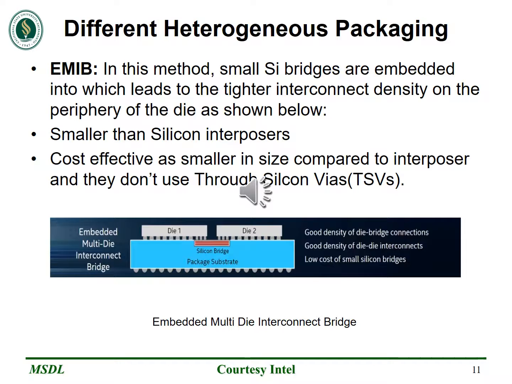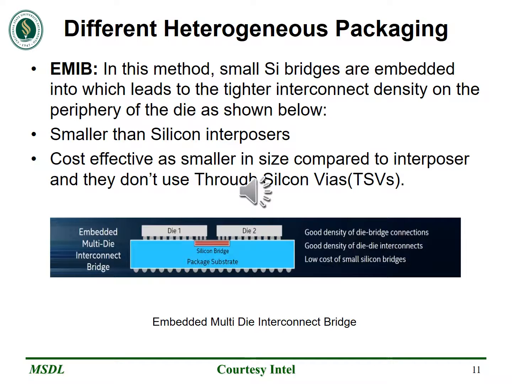EMIB, that is Embedded Multi-Die Interconnect Bridge. Here we can see how die 1 and die 2 are connected with the silicon bridge. In this method, small silicon bridges are embedded into the substrate, which leads to tighter interconnect density on the periphery of the die as shown below. If we compare this with the silicon interposer, we can clearly say they are smaller than the silicon interposer.